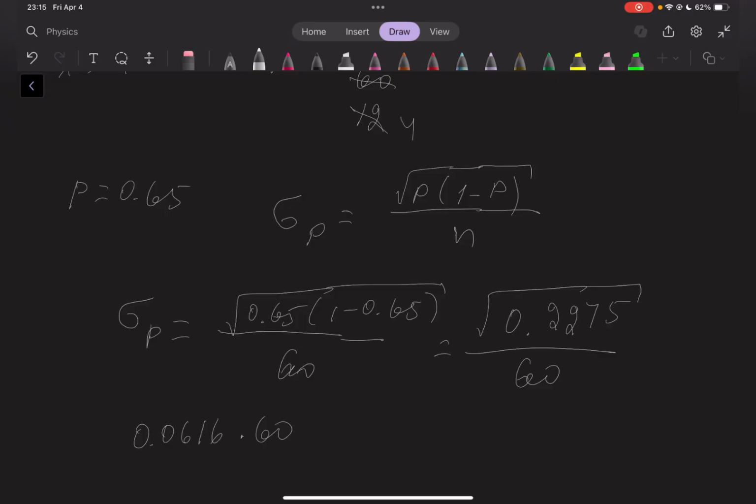I'm getting 3.696. And again, I have to take the square root. My calculator is not working, so you can take the square root and you should get the answer 0.0616. That's the bottom line, guys.